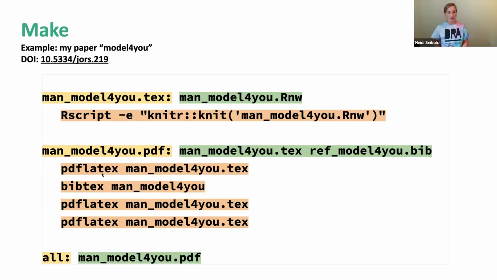Why you need to run pdflatex three times, don't ask me. That's just how it works, mostly. This is an actual Makefile that I used for this paper that I talked about earlier. If you want to get more into Make, again, there's a really nice chapter in the Turing Way book about how to get started with Make.